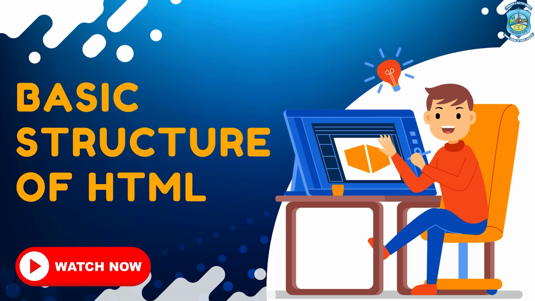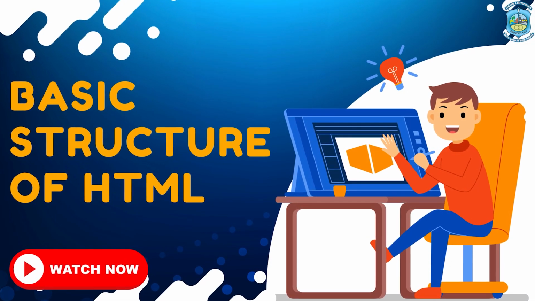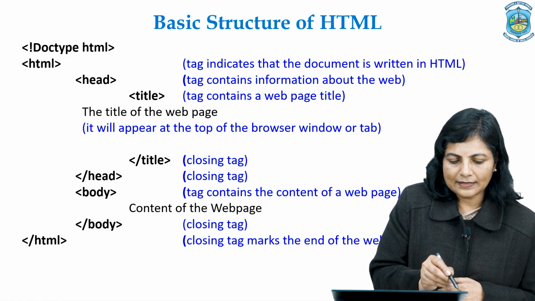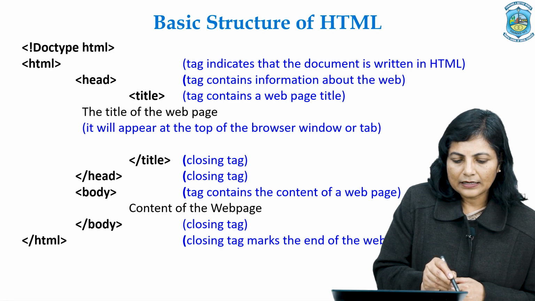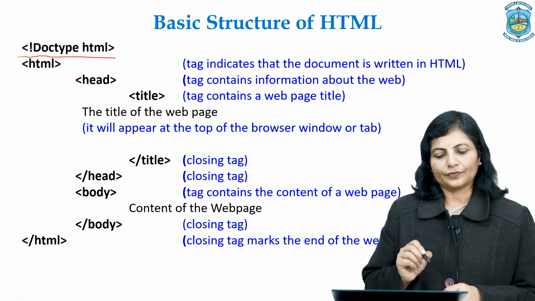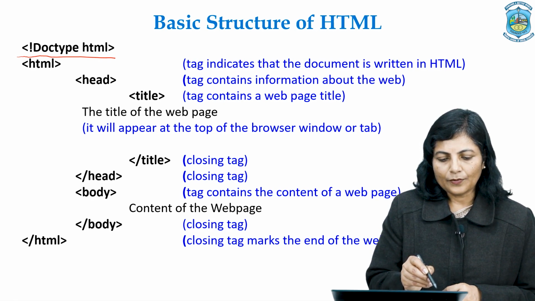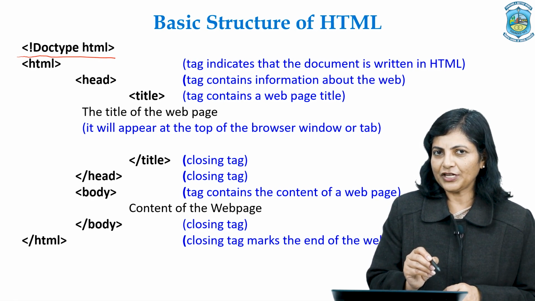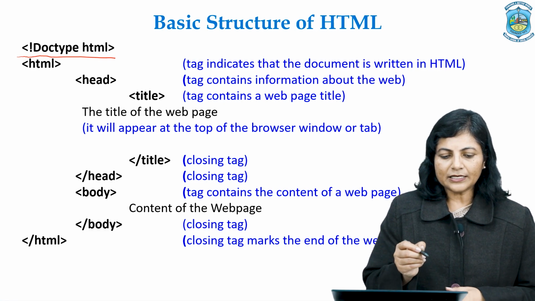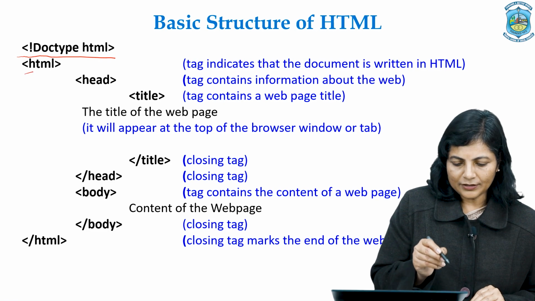Now let's see the basic structure of HTML. As you can see here, the very first line is the comment line where we show the version of HTML used to develop that web document. Then it consists of the HTML tag.